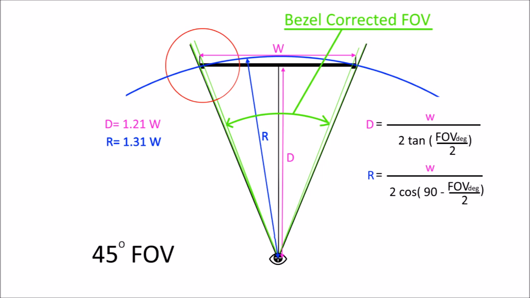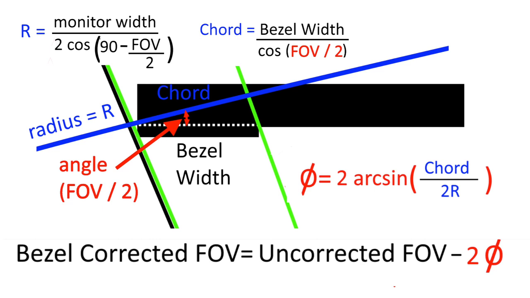Let's try looking at a close-up of the red circled area to better understand the geometry involved. I'm not going to belabor the math, but you can see here that there are formulas that you can use to calculate the small angle, which I call theta, which is the angular width of one bezel.